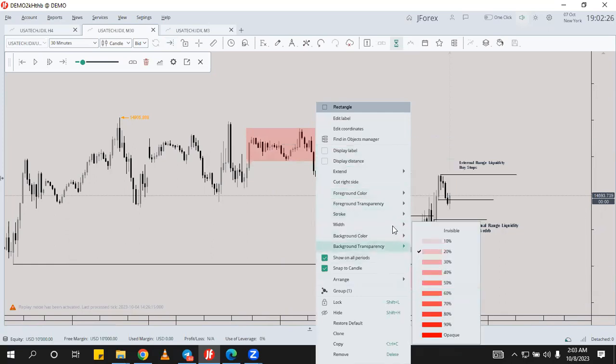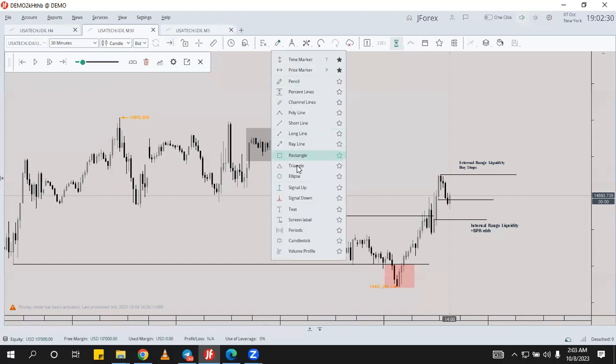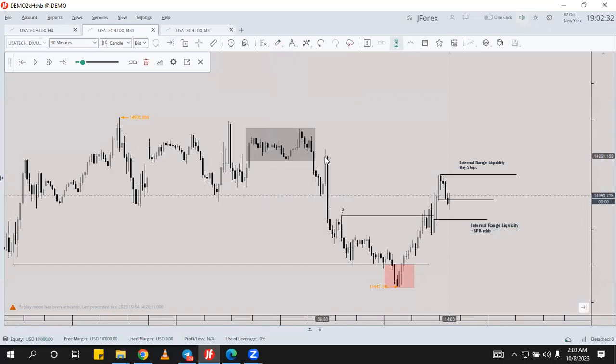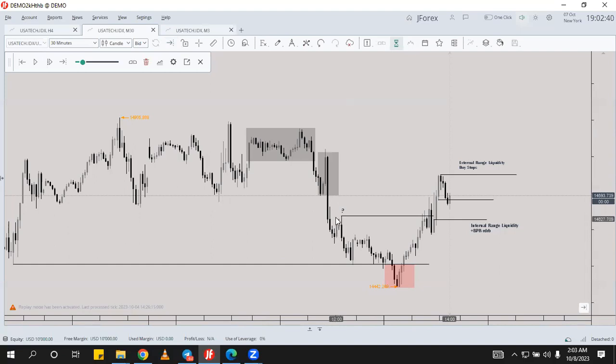Price had an original consolidation right there. Then after the consolidation, we had an accumulation right there. Then we had another accumulation somewhere around there. So we have a consolidation, accumulation 1, accumulation 2.